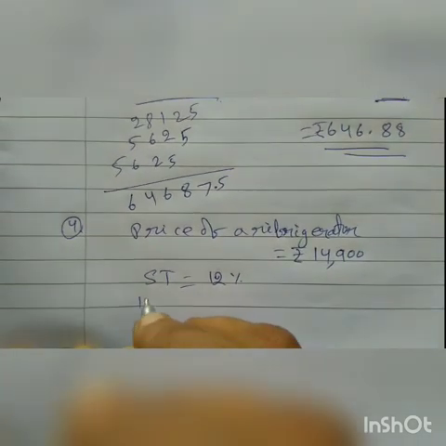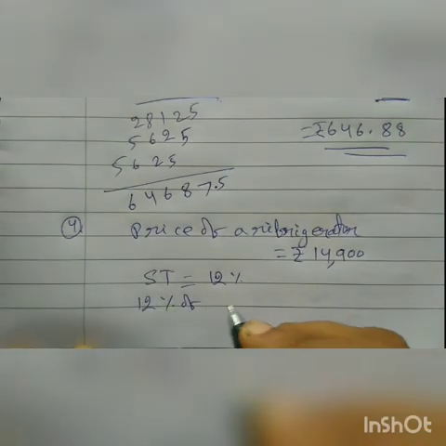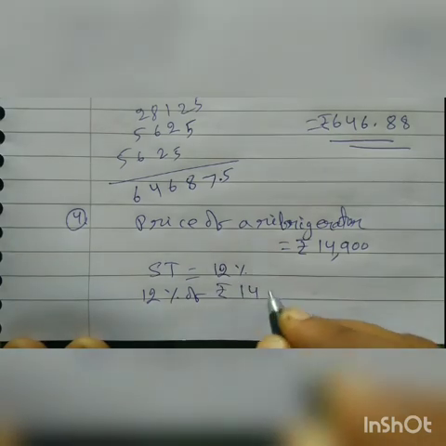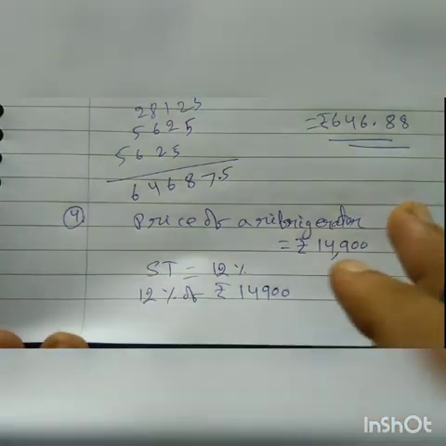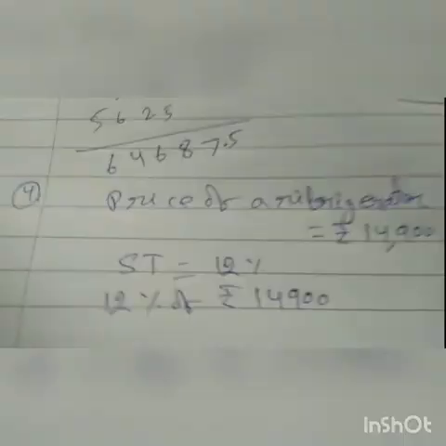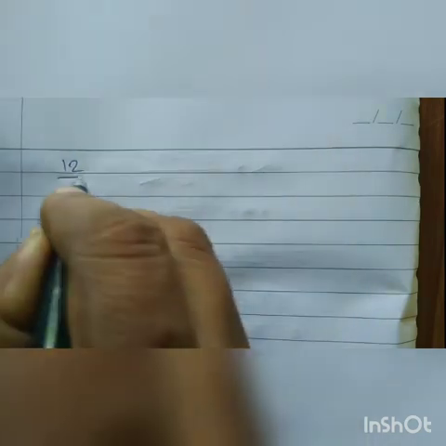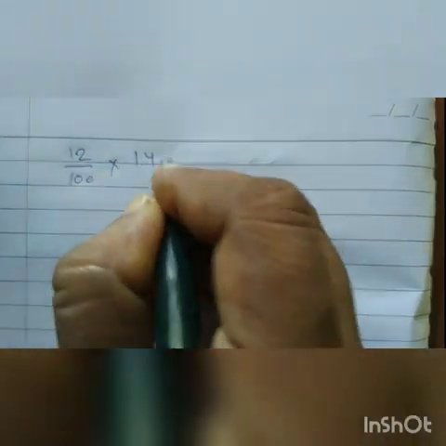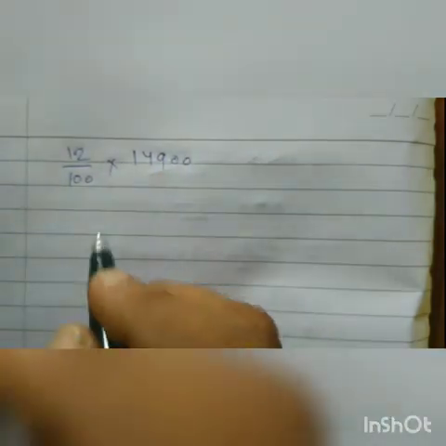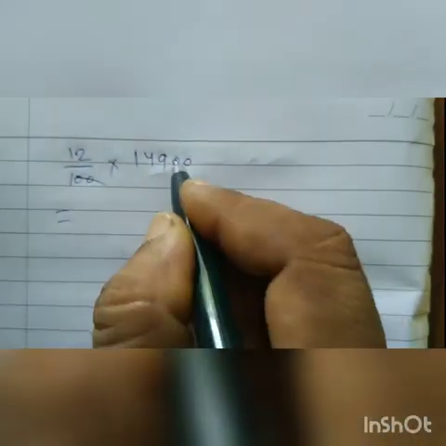So 12% of rupees 14,900. Now we will find it. 12% means 12 by 100. So 12 by 100 into 14,900. So what will we get?